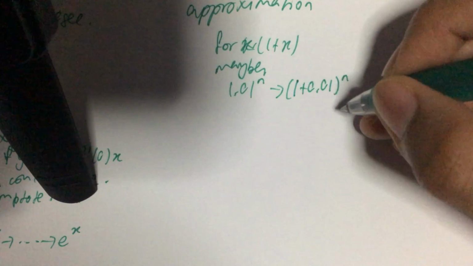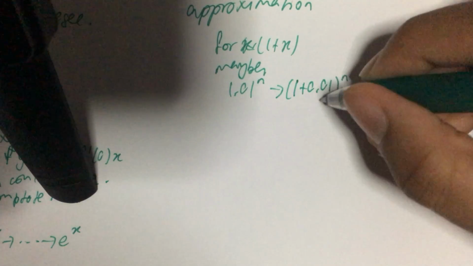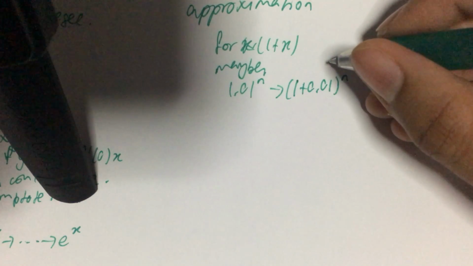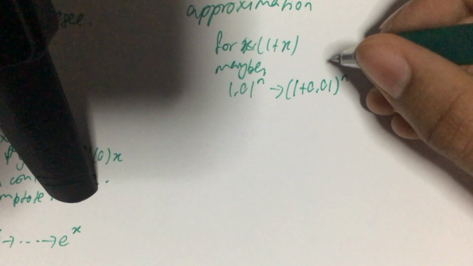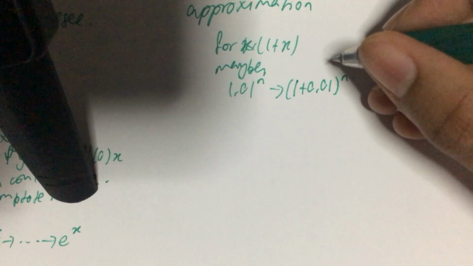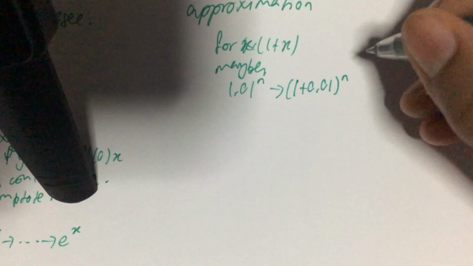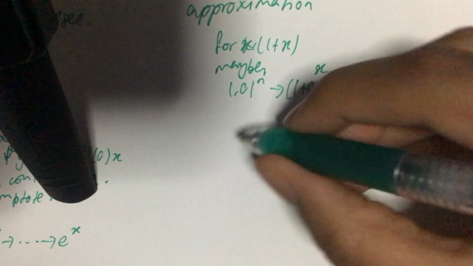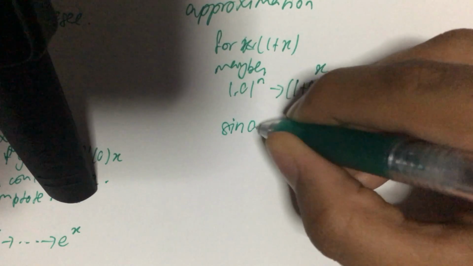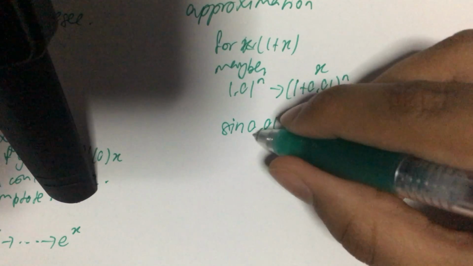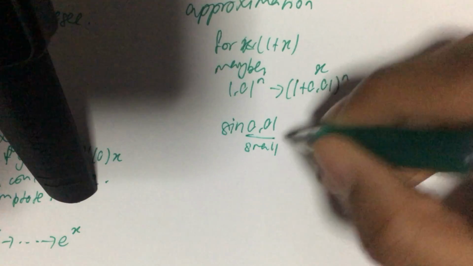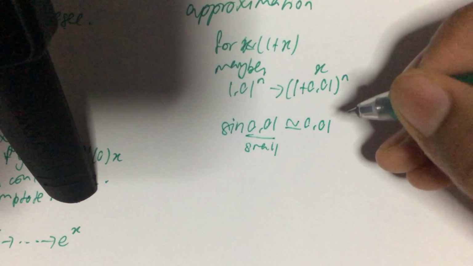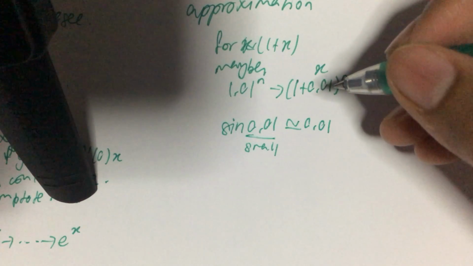Approximation, of course, works better when the x is smaller, simply because the later terms converge faster. But in general, you can choose a number of terms to keep, like 2 or 3 terms or even 1 term for your approximation. So for example, if you have sine 0.01, which is obviously quite small, we can approximate it to 0.01 because the other terms will give you many decimal places.